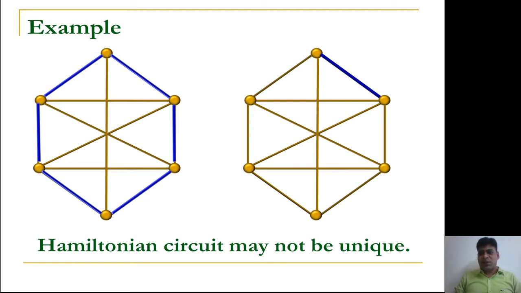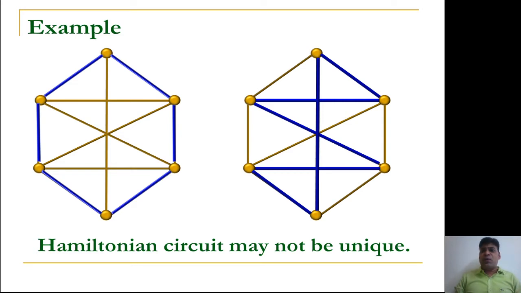This first one, then let us go for the second in this sequence, then the third one goes the diagonal way, the fourth one goes to the left, the fifth one goes down, and the sixth one goes to the top. So we got another Hamiltonian circuit which covers all the vertices exactly once and comes back to the same vertex. Circuit means obviously we have to come to the same initial vertex that we started with.